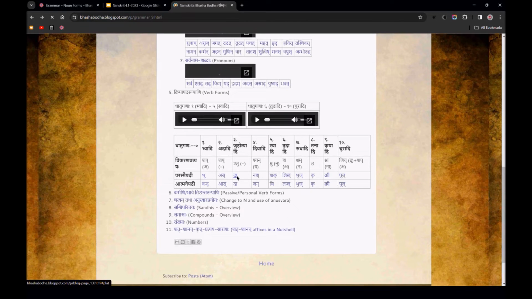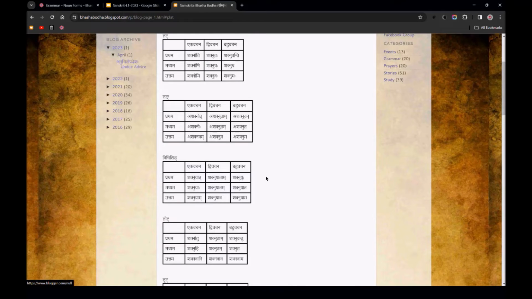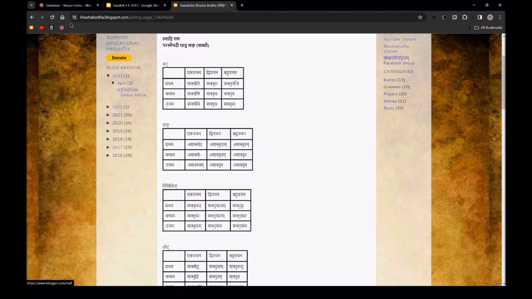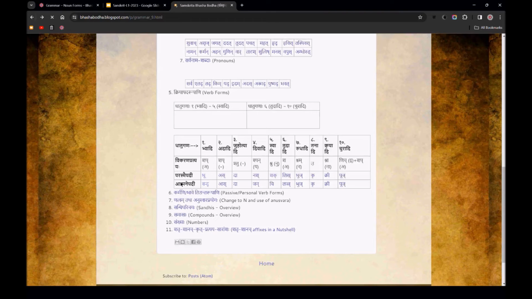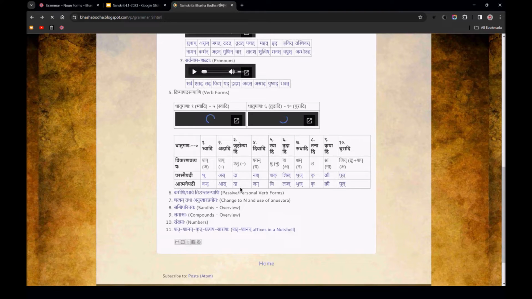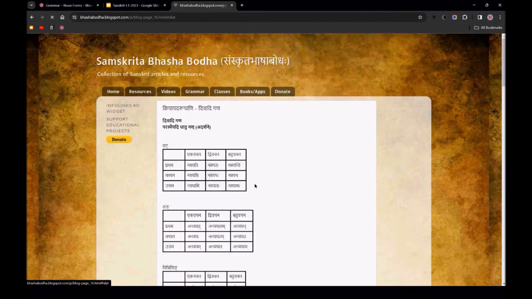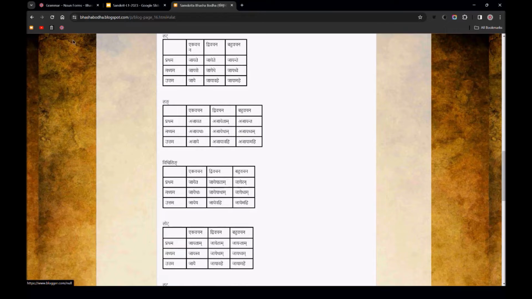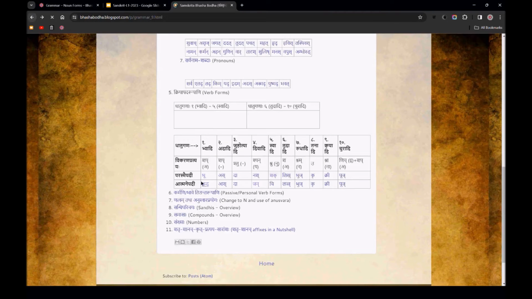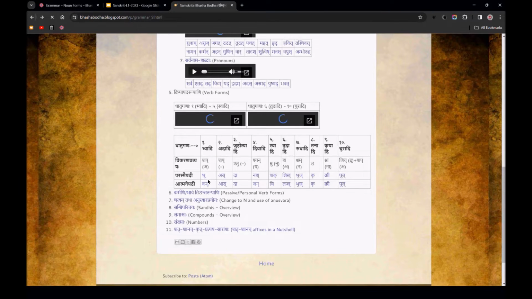But generally, if you open any, the first line here, Parasmaipadi it's called. If you open any of these, you will see the present tense ending in ti. And if you open the second line, Atmanepadi, you will see that ending in te. So generally you can say that for present tense, the ending can be two types.